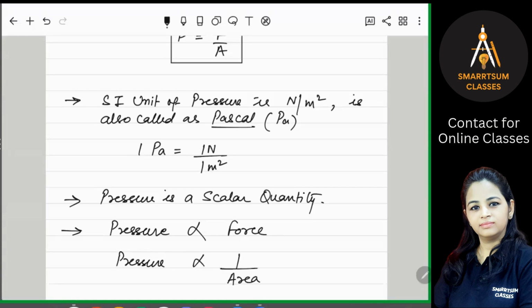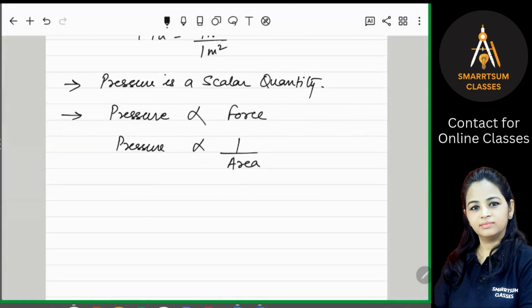So if area is increased, pressure will decrease for the same force. If the same force is applied but area is less, then pressure will be greater, in comparison to the same force applied to a large area, which will create small pressure. Why? Because pressure is inversely proportional to area.